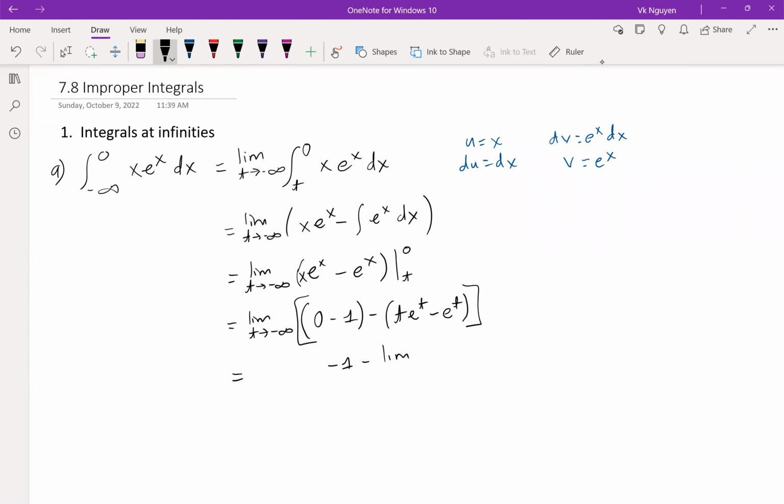minus the limit as t goes to negative infinity. In order to evaluate the limit here, I'll get a quotient. We can rewrite this as t over e to the negative t, minus 1 over e to the negative t.